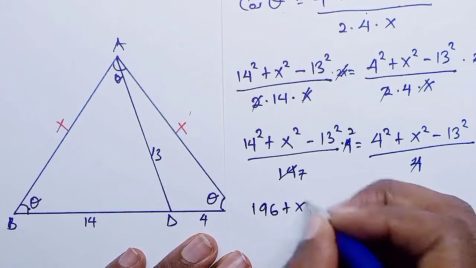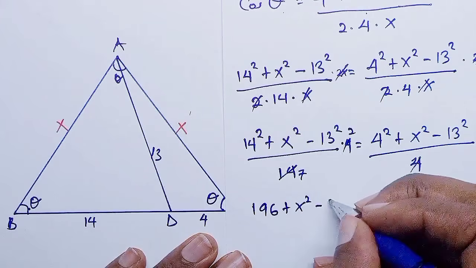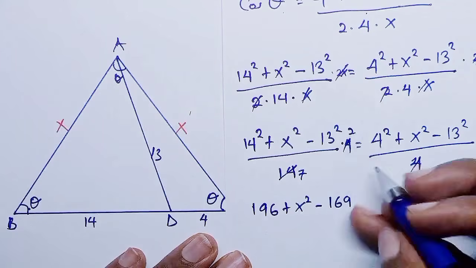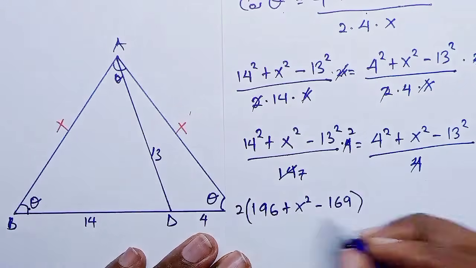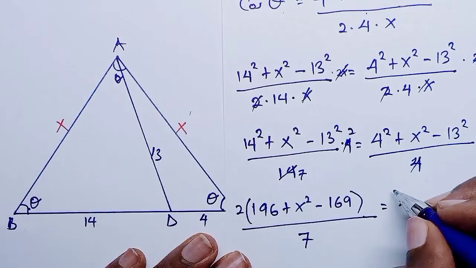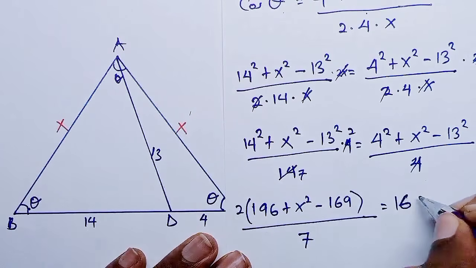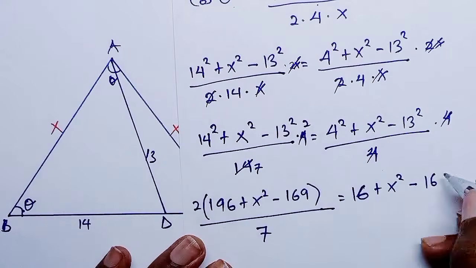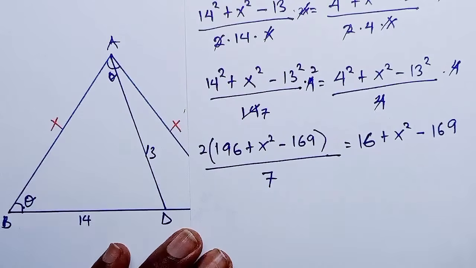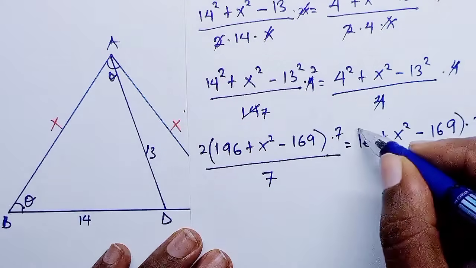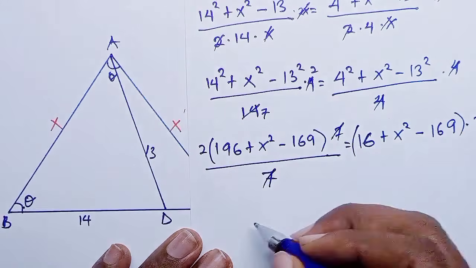196 plus x squared minus 13 squared is 169. So this times this 2 here over 7 is equal to 4 squared is 16 plus x squared minus 13 squared is 169. So we multiply by 7 on both sides. So this cancels with this.